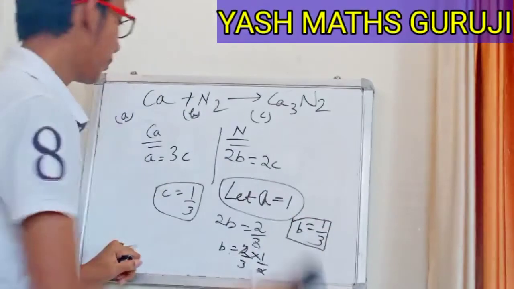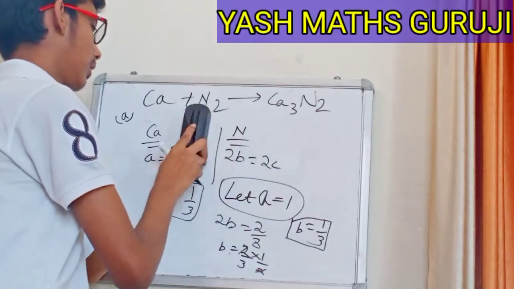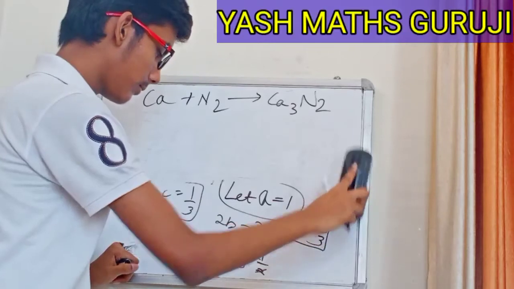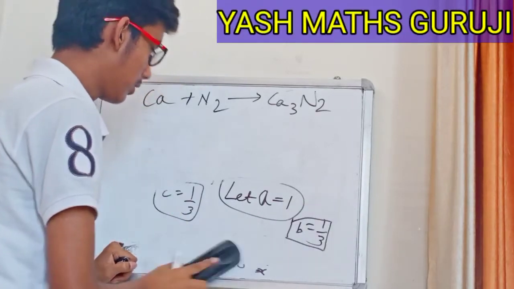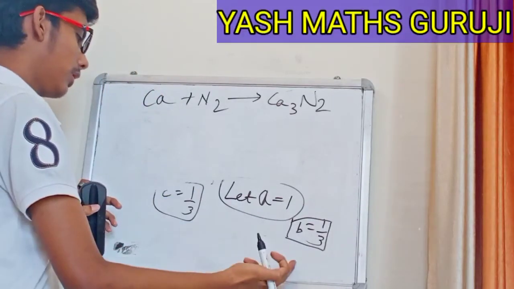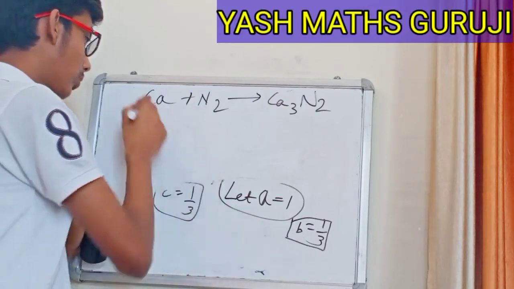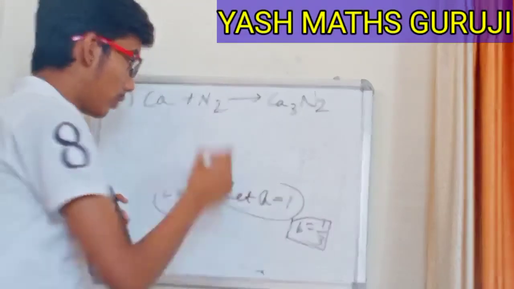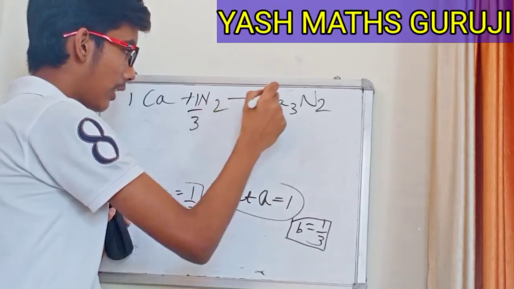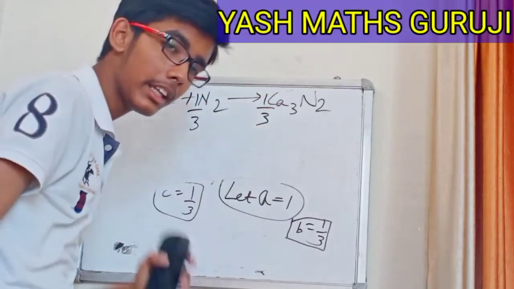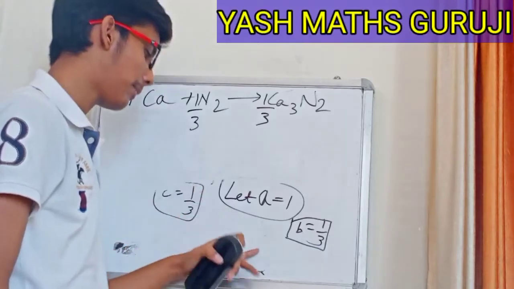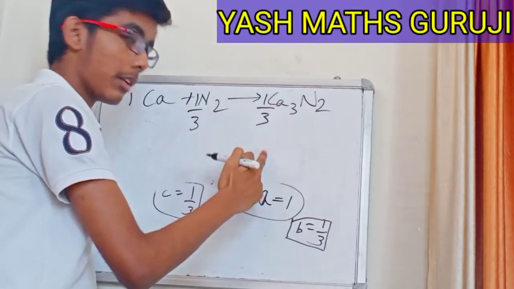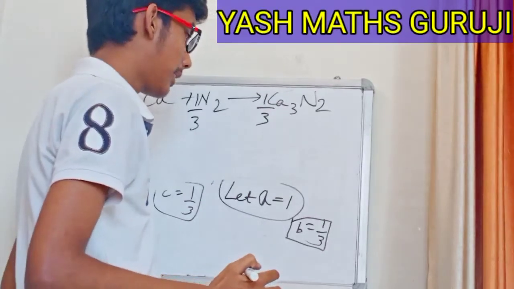So we will put the values in front of this. A is 1, B and C are 1 by 3, so we will put 1 by 3 here and 1 by 3 here, and again it is in fraction, so we will multiply by some number so that it comes as a proper number, not a fraction.